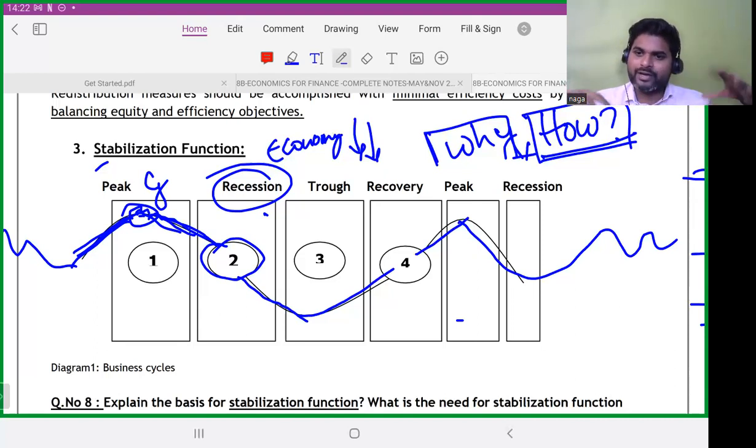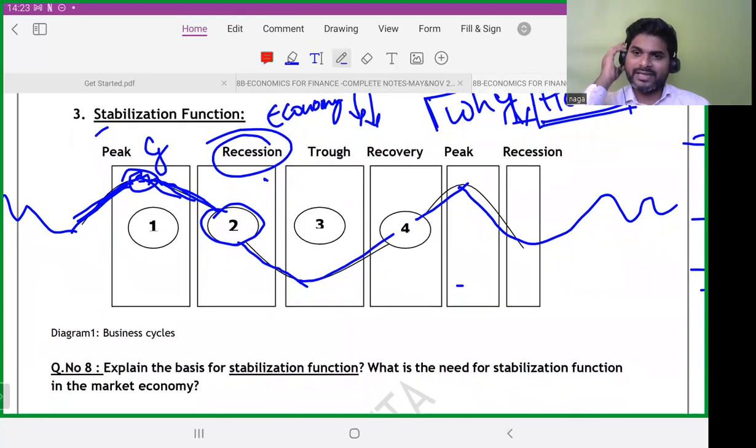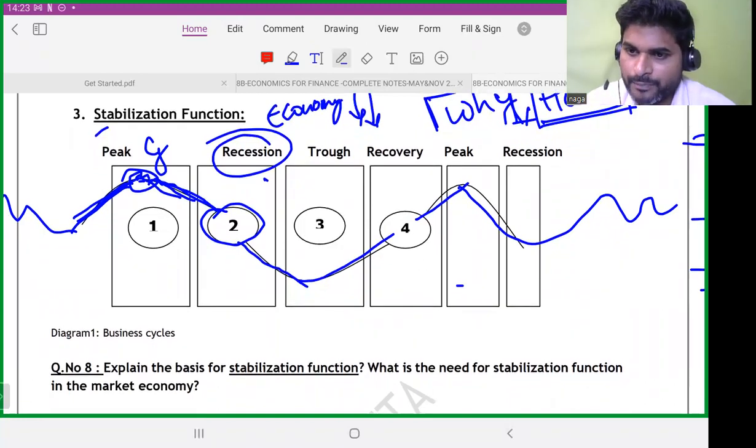Similarly, in an economic situation, when there's a slowdown and there is a recession, government has a huge role to play. If the government is not involved, it will be a big problem. I hope now you understood why the government needs to be involved in the stabilization of the economy.